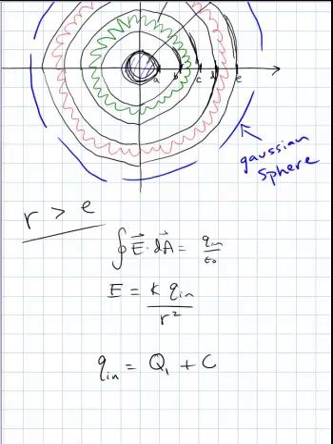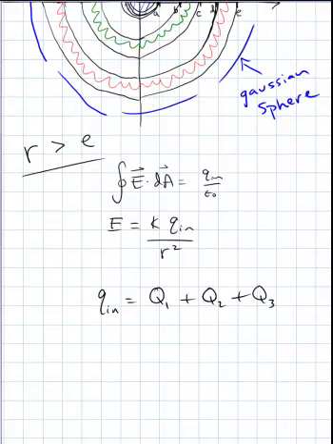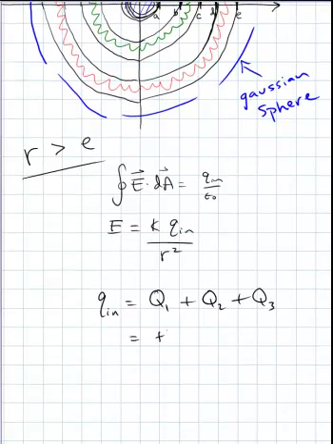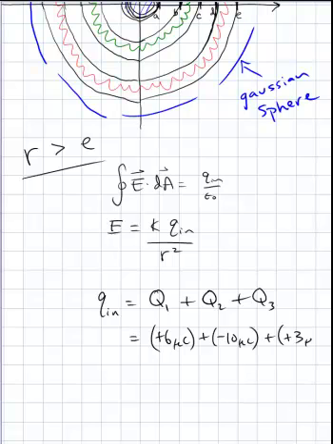Q1 plus Q2 plus Q3. And they're given: Q1 was positive 6 microcoulombs, Q2 was negative 10 microcoulombs, and Q3 was positive 3. And so you add them all up and you get negative 1 microcoulomb.